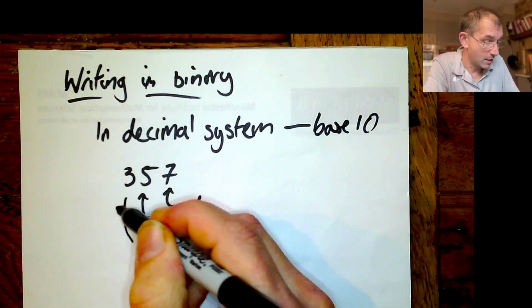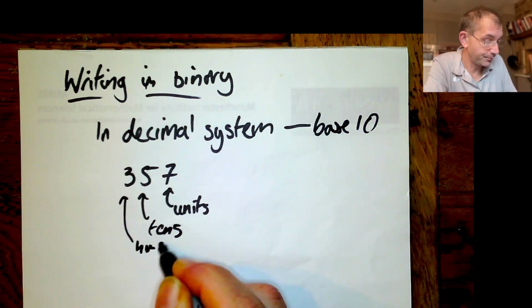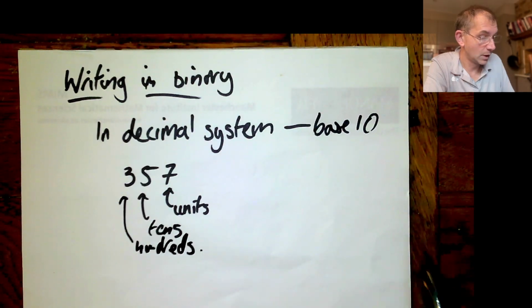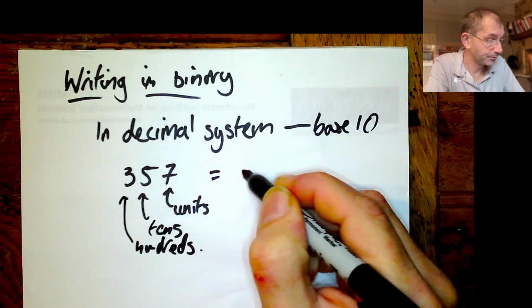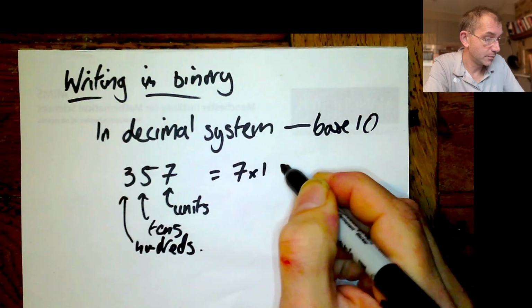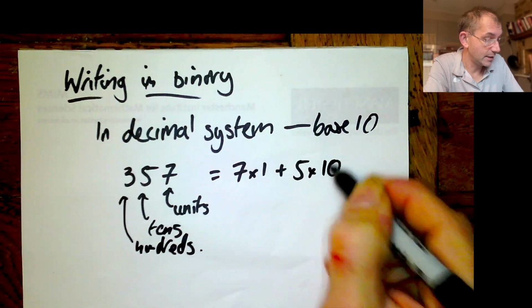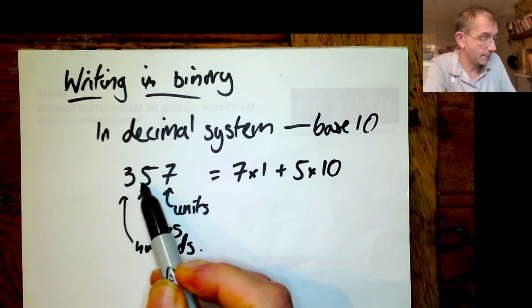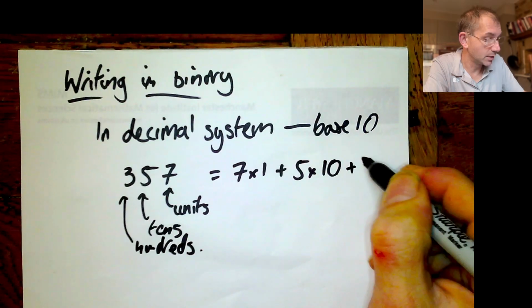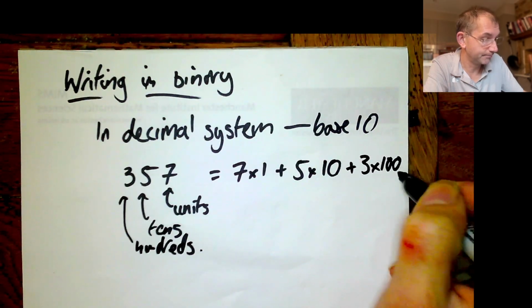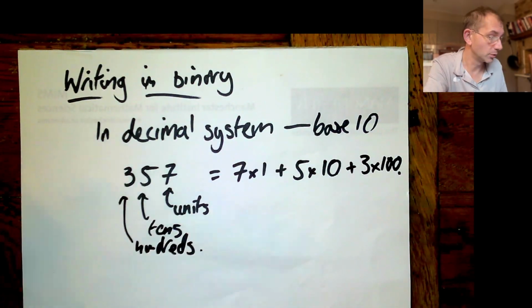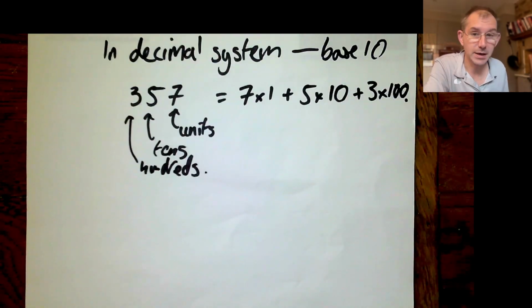But this is the hundreds. And what this means is 7 times 1 plus 5 times 10. So we want 7 ones, 5 tens, and 3 hundreds. Okay, I'm sure this is all very familiar.